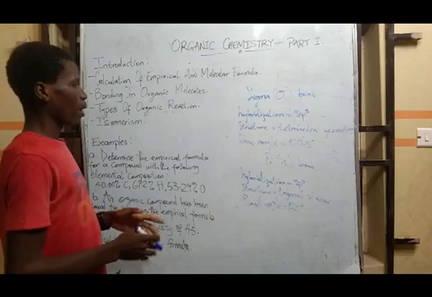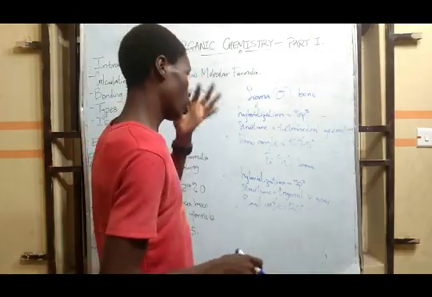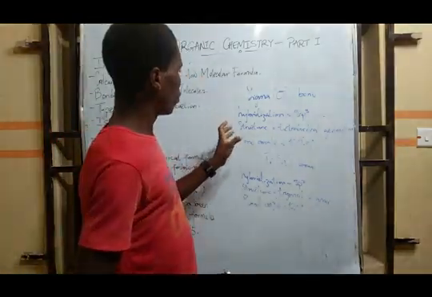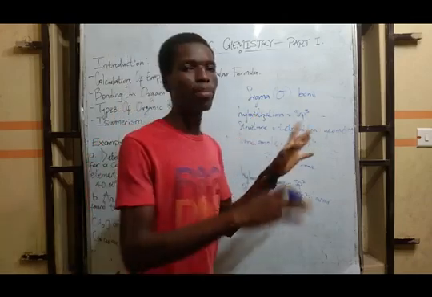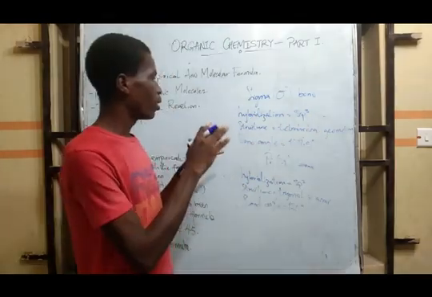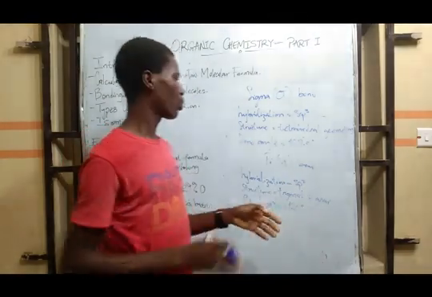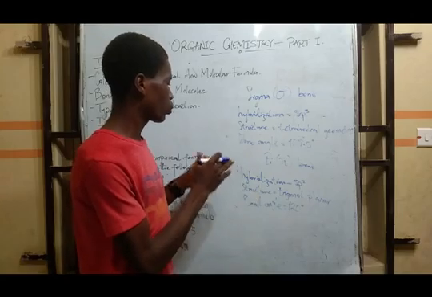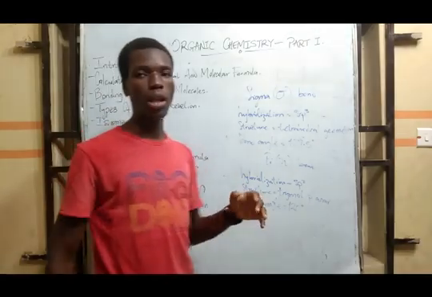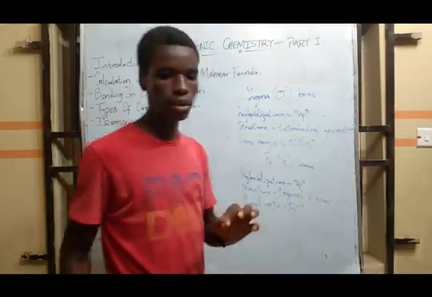Okay, let me just make a little digression. The hybridization, structure and bond angle for the sigma bond are peculiar to the alkane family, while the hybridization under the pi bond, the structure and the bond angle are peculiar to the alkene family.